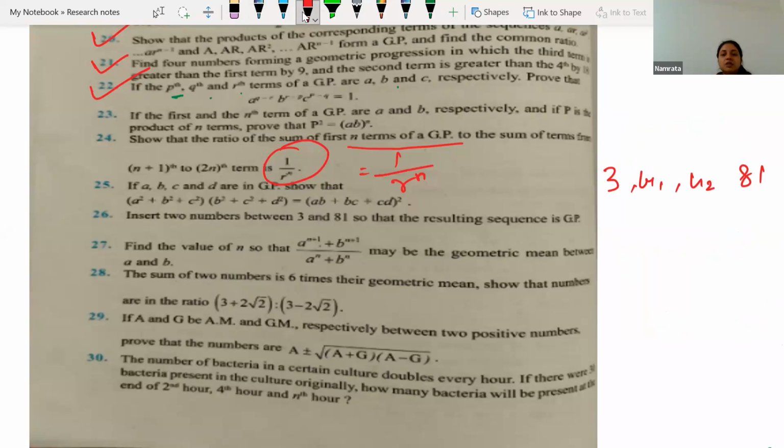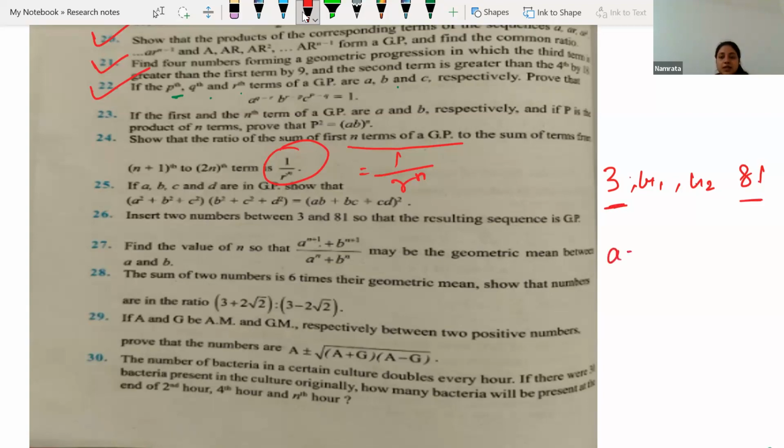Okay. So if the resulting sequence is in GP, the first term we know and the last term, 1, 2, 3, 4, the fourth term we know.